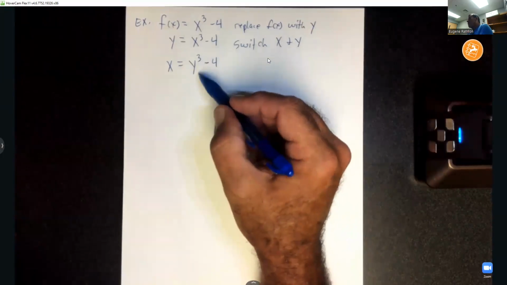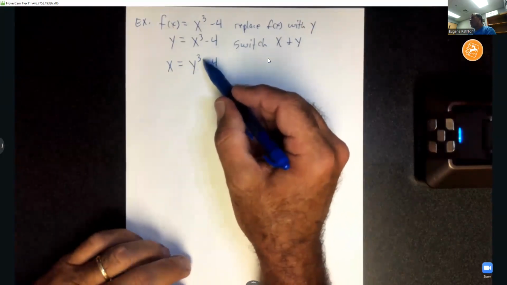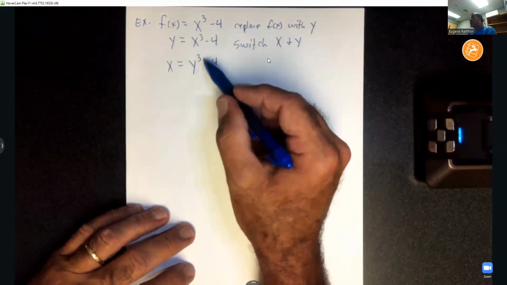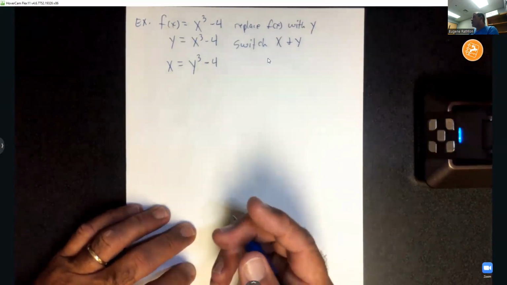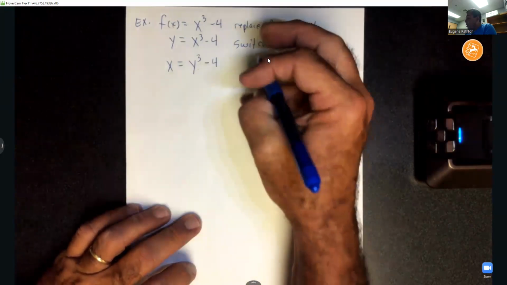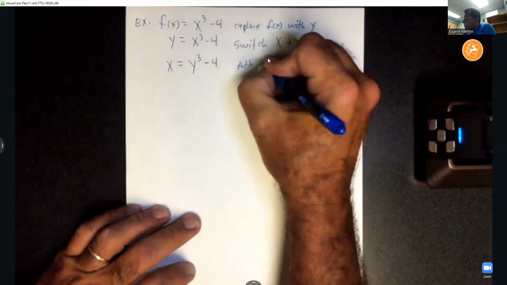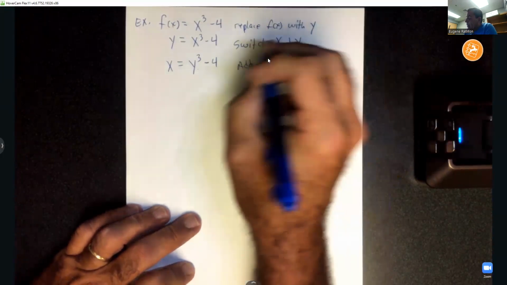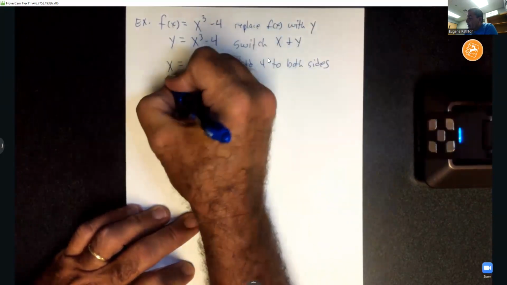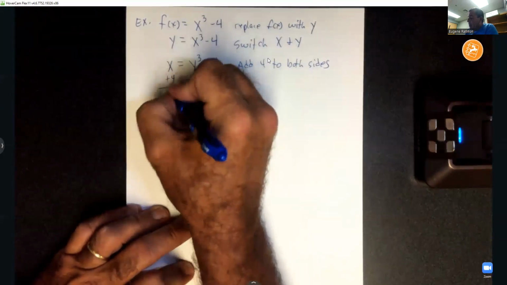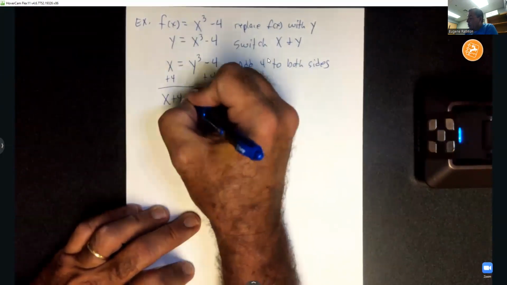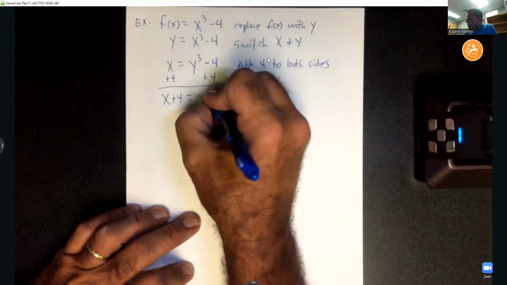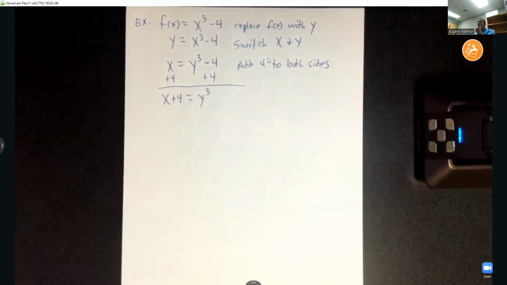When you got a variable with an exponent, the easiest thing to do is get this variable by itself. So the first thing I would do to this is add 4 to both sides. So if we do that, let's see what that gives us. That'll give me an x plus 4. Those 4's cancel. So I get a y to the third.